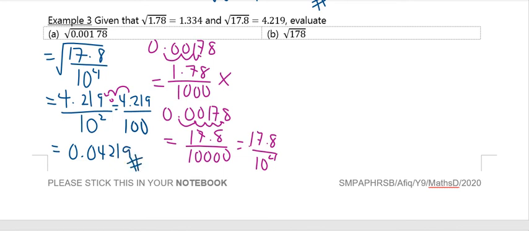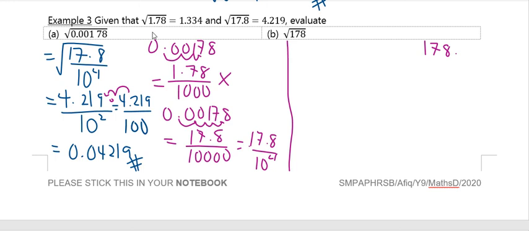So let's move on to part B. Okay, as for part B, you will have to do the same thing with 178 also. But here, let's have a decimal point at the end.